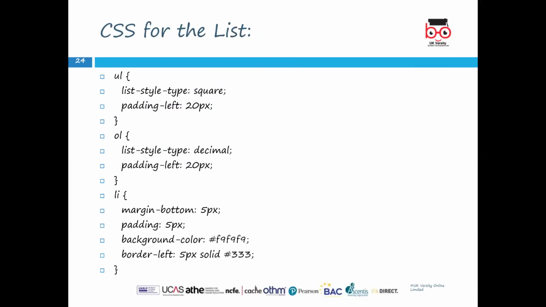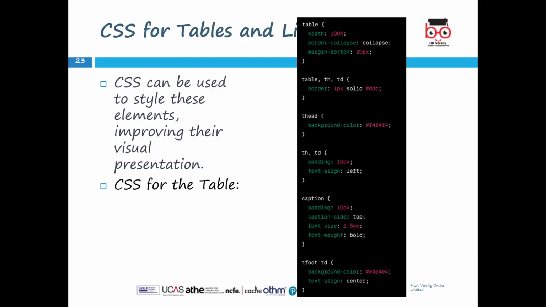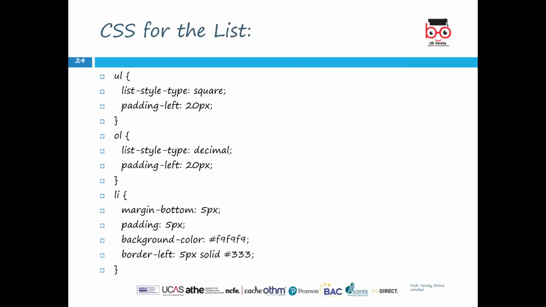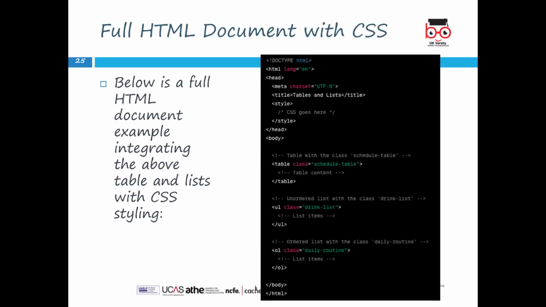So we've now looked into CSS for tables and lists. We have an example of an ordered list at the top here, and then an example of an ordered list just underneath. Here we have a full HTML document with CSS.